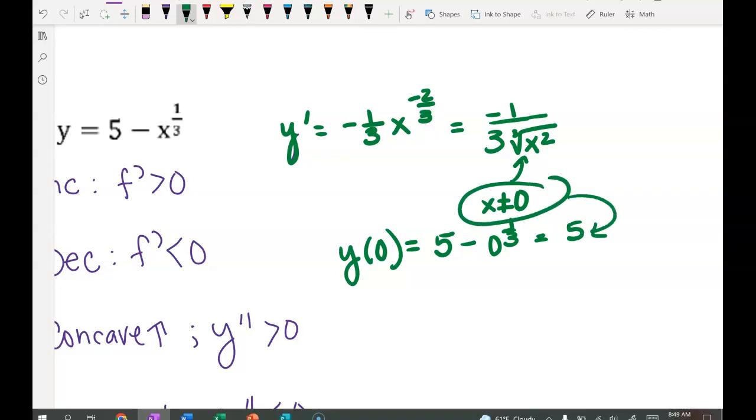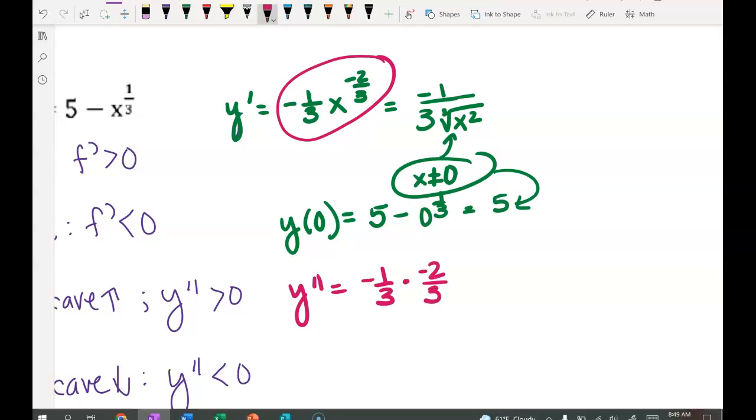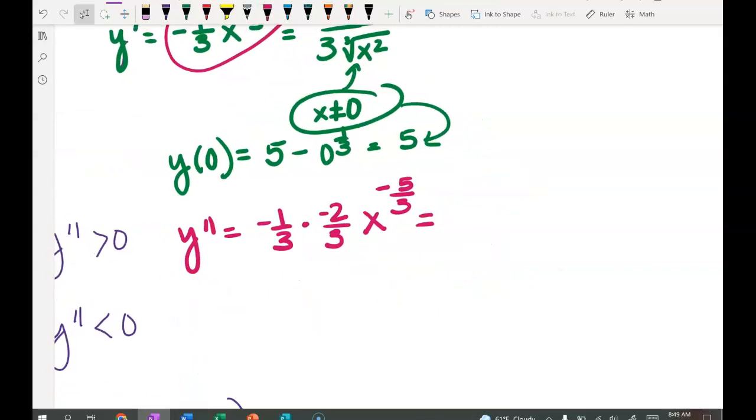Now let's go and do our second derivative as well. So second derivative, I'm using this right here. So it's going to be negative 1/3 is a constant. Drop down your negative 2/3 as a power. Then we're going to subtract 1. So that's going to be negative 5/3. Very similar to what we just did with the first derivative.